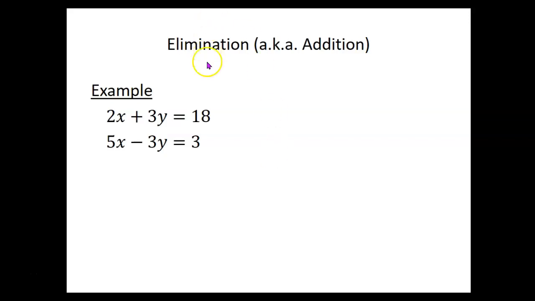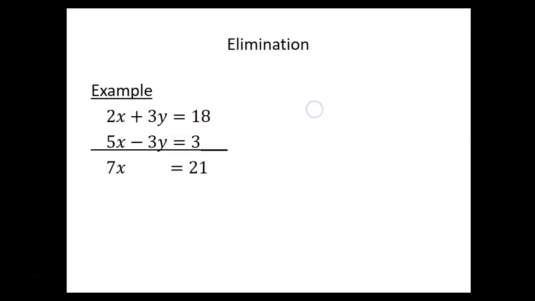But there is an easier way for this particular system, and that is to use the elimination method, which you may have also learned about under the name the addition method. So the way that works is we would just add these two equations together. The 2x and the 5x add up to 7x.